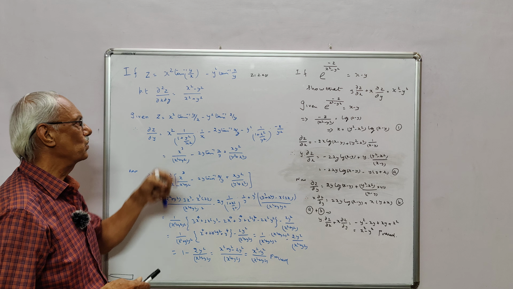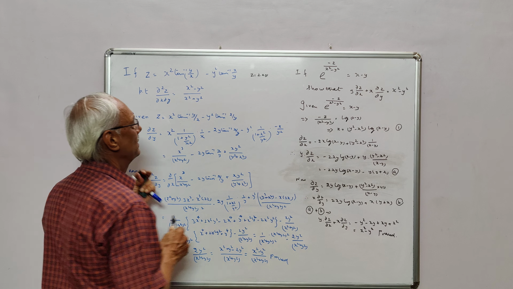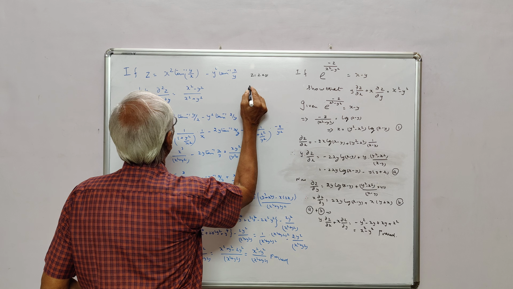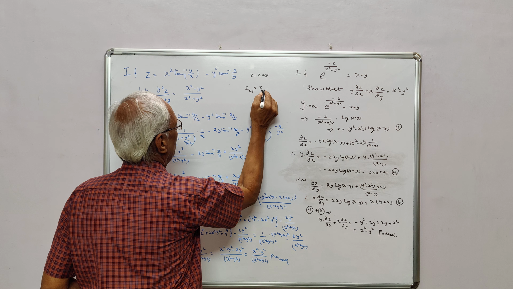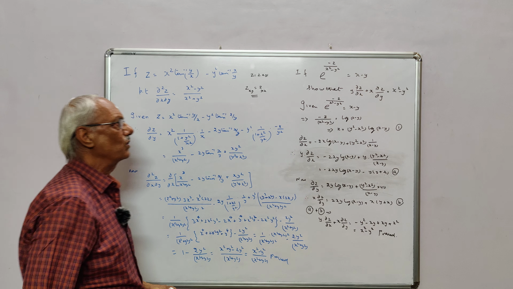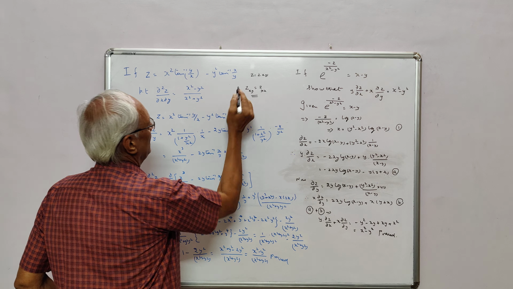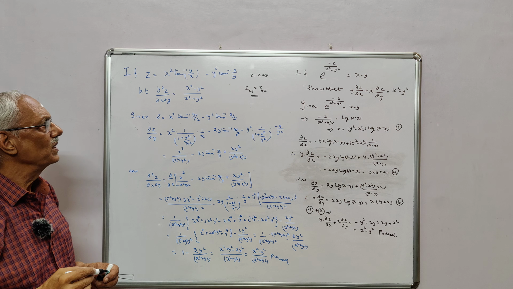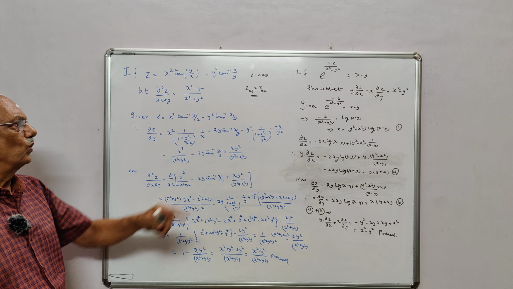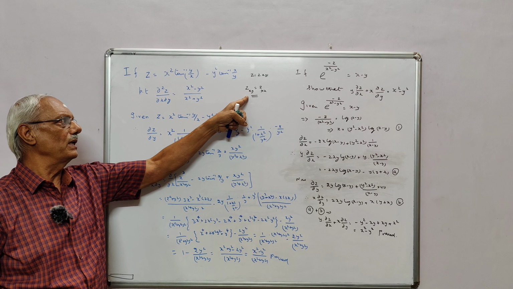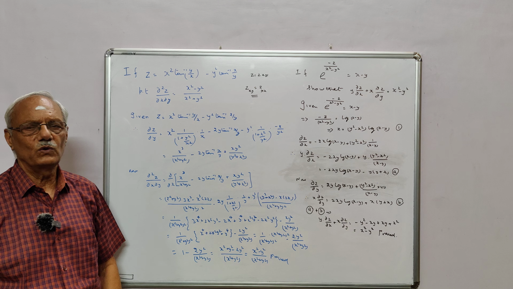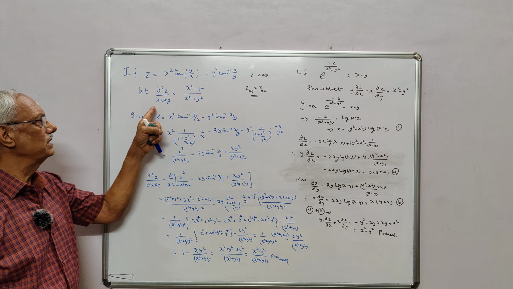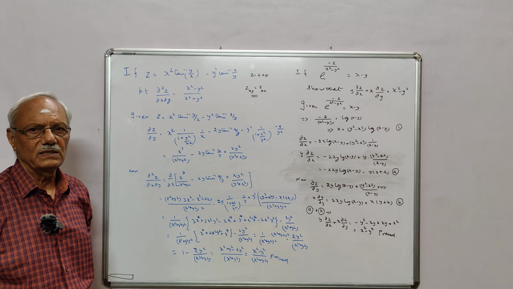That is, z xy is equal to z yx, so del squared z by del x del y is equal to del squared z by del y del x. Both are equal.